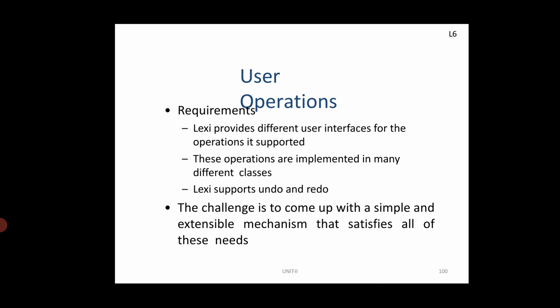So these user operations are implemented in many different classes. In Lexi, we need to support undo and redo of most but not all of its functionality. Especially we want to be able to undo document modifying operations like delete, with which a user can destroy lots of data, but we should not try to undo an operation like saving a drawing or quitting the application.